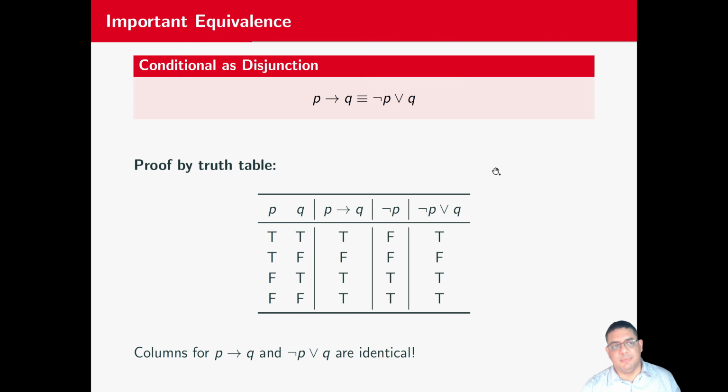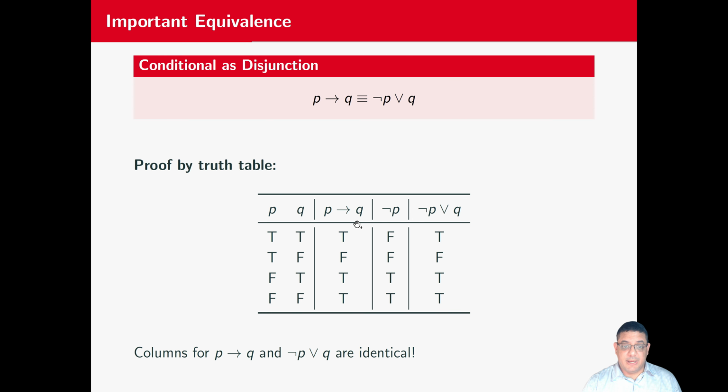Now, the conditional can be seen as a disjunction. We have that P implies Q is equivalent to not P or Q. So this means that if we have P implies Q, one of two situations can happen: either P is not happening, not P, or Q. Any of those two things is going to happen.